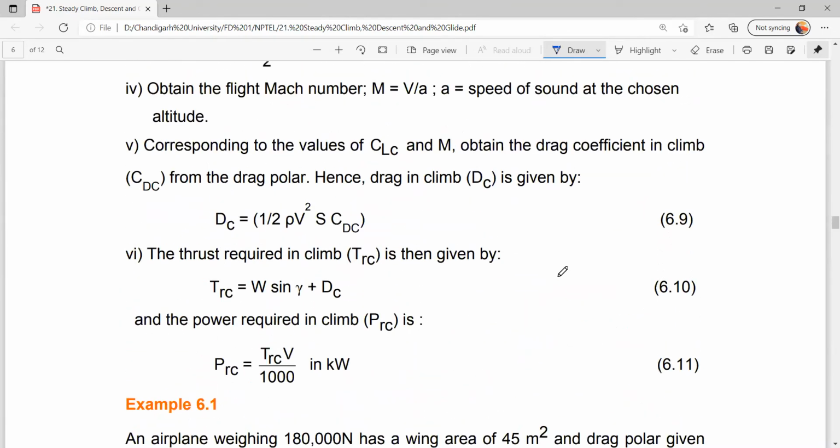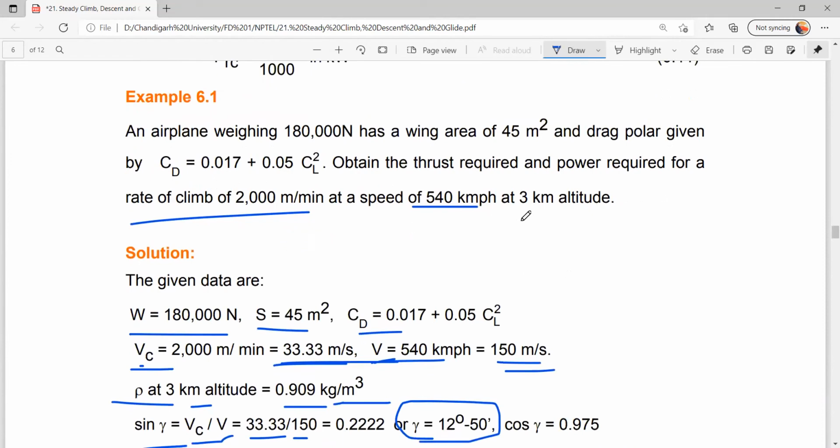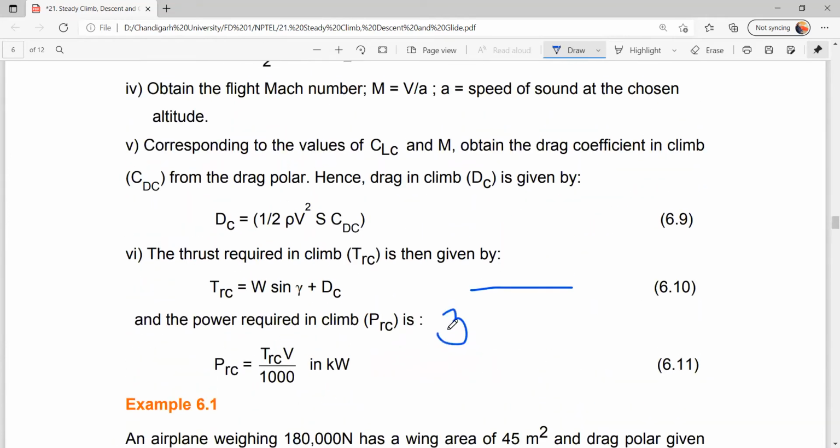So how can it be done? The aircraft is going to climb at 3 kilometer altitude. It is not sea level, it is 3 kilometer altitude. Initially it will be flying at cruise level, and then it starts to climb.